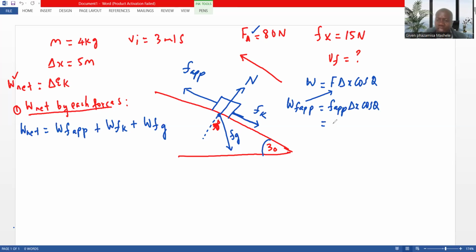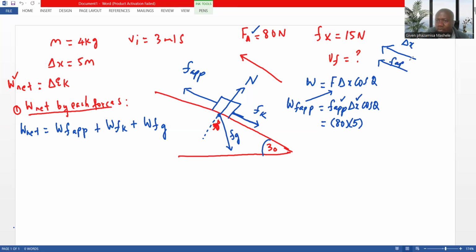What is the force applied? The force applied is 80, and this object has traveled a distance of 5. Now we have to consider the angle between the force applied and delta x. The object is moving upwards, so this is the direction of delta x, and this is also our force applied.